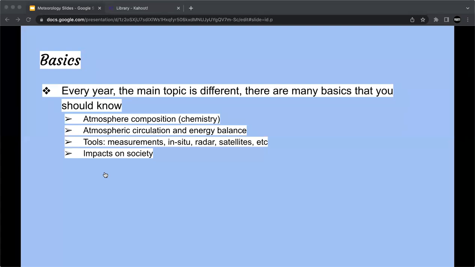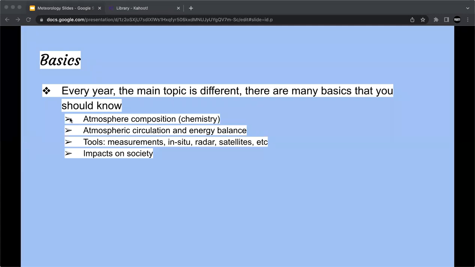We have to know some tools for measurements. Inside tools are things such as thermometers, barometers, and anemometers, which observe things closer to them.